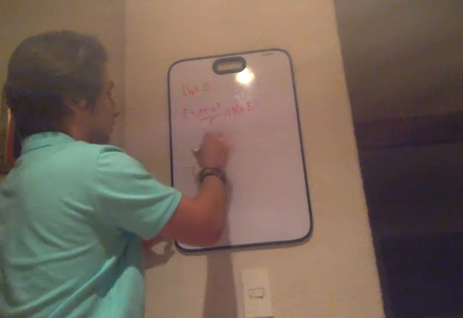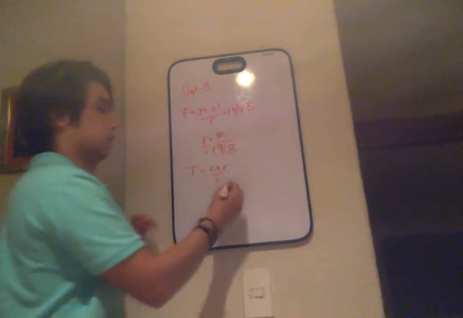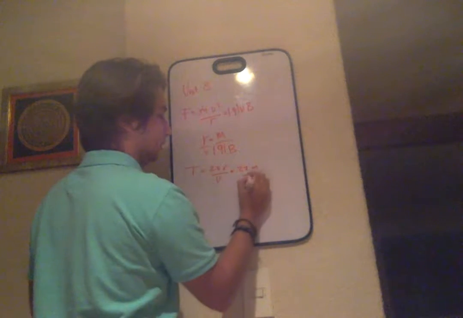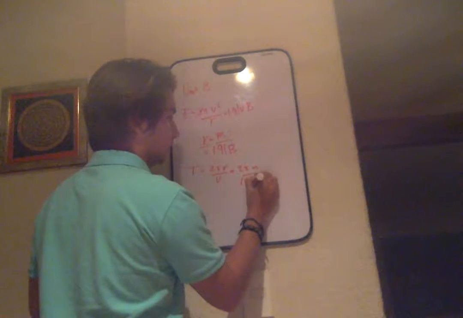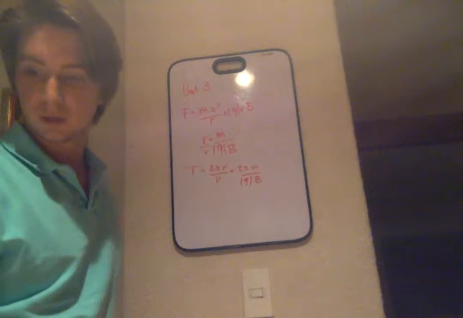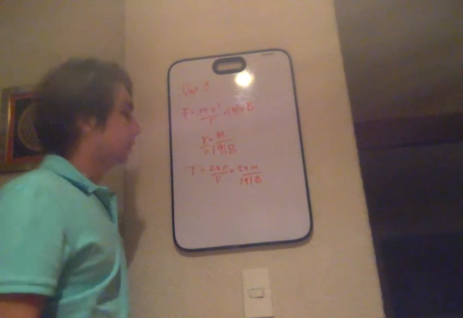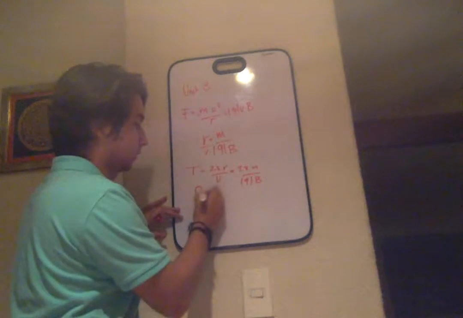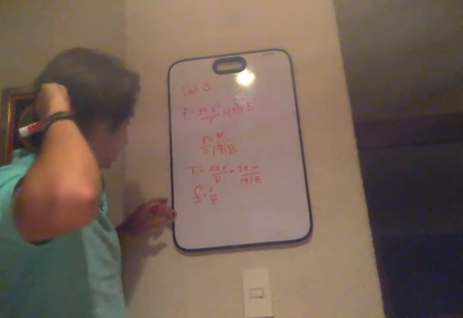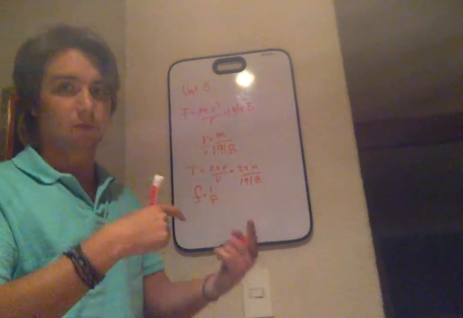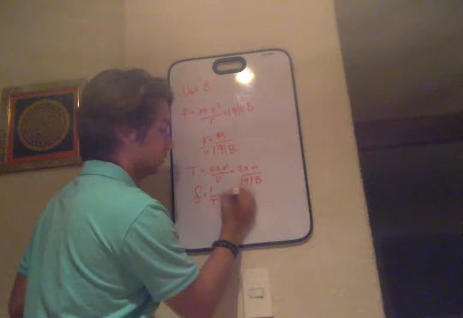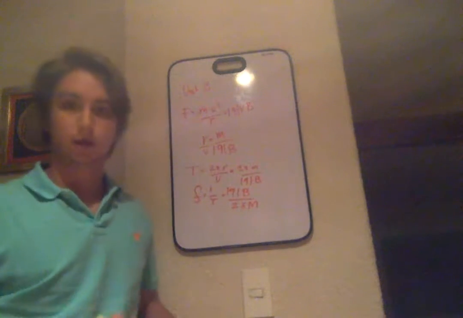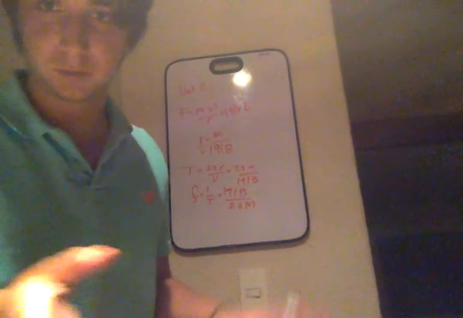If we take this and put it over here, then we can see that the period can also be 2 pi mass over charge times field, and that can be also expressed as the frequency, that is 1 over period, and that'll be just that inverted. So we have charge times field over 2 pi mass, and that's another equation that is important to solve different problems.